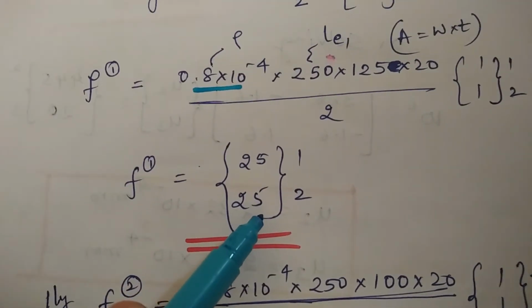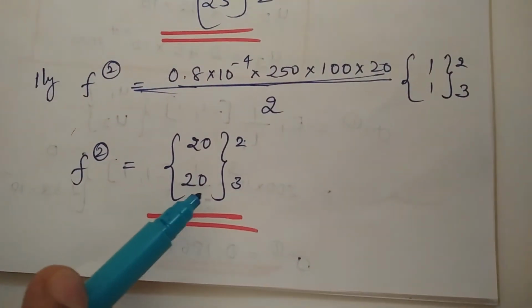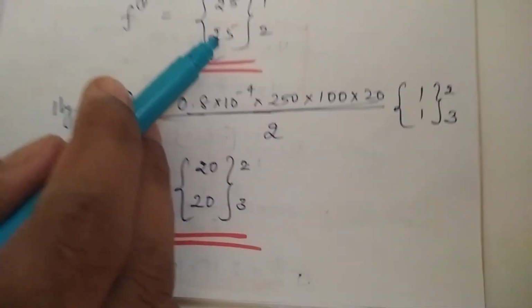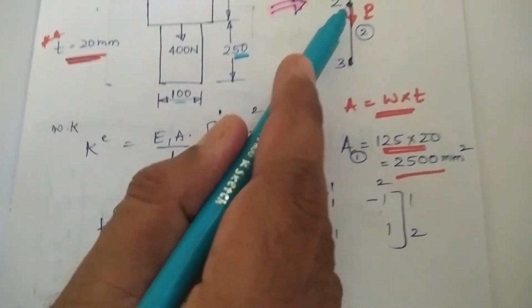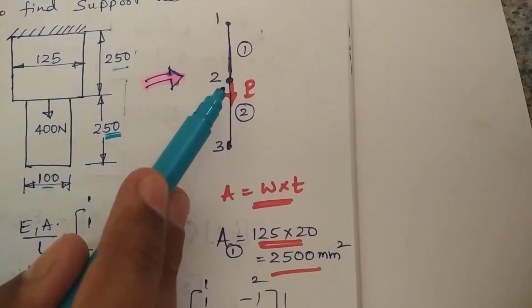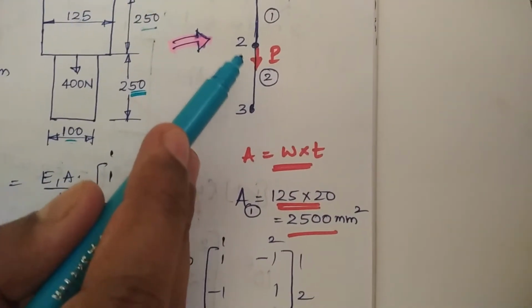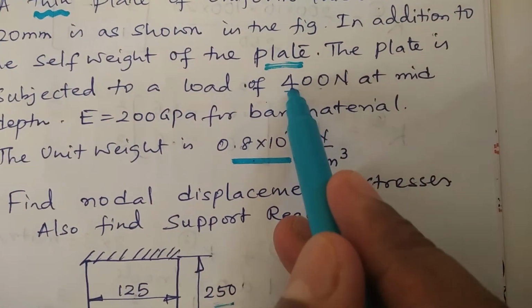What is node number 2? You have 25. Node number 2, you have 20. This 20 and this 25 get added with this P at node number 2. What is this P? This P is 400 newtons. Have a look into the data, students. This P is 400 newtons.